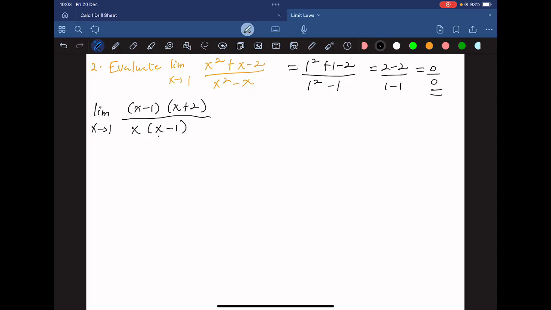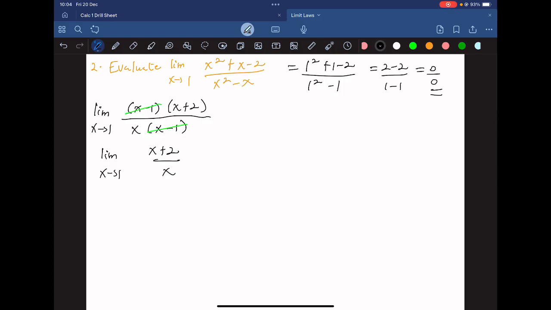Because if you multiply this x by this x, you have x squared. This x by -1, you have minus x. I hope this is clear. Now you get to see that x minus 1 can cancel x minus 1 right here. So we are going to have the limit as x approaches 1 of (x plus 2) over x.